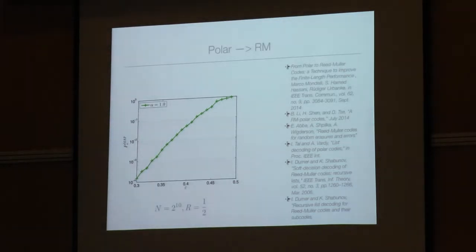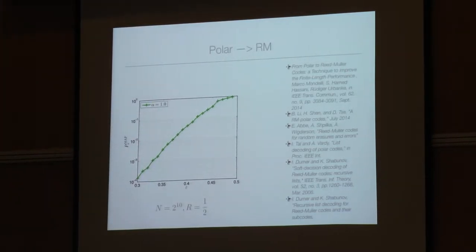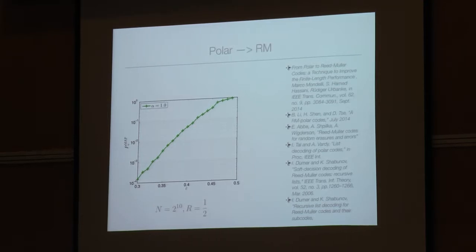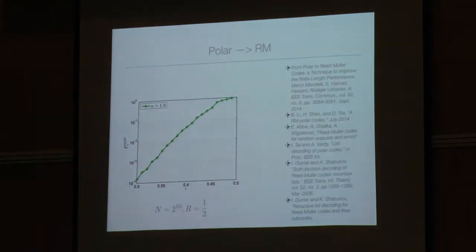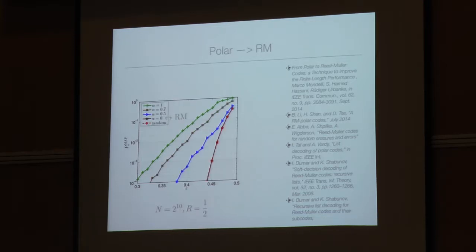And so, as I said, they share some of the rows, but some rows are different. So you can think of kind of like an interpolation between the two, where you slowly, as alpha goes from 0 to 1, where alpha 0 is a polar code, alpha 1 is a Reed-Muller code, you kind of exchange rows slowly. The rows that are not common, you slowly move ones out and the other ones in, in some particular way. And if you do that, you will see that as you go along, you do better and better. And so now you actually achieve the Reed-Muller code.